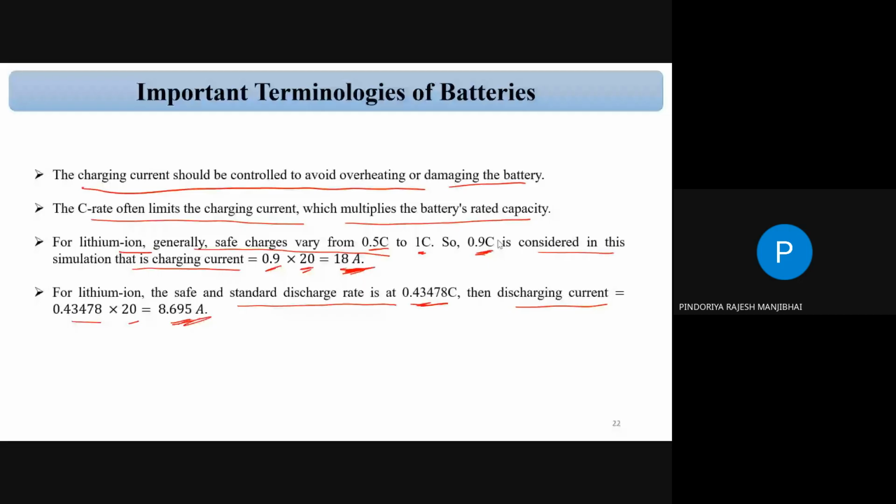They have to do this analysis multiple times. Then they will say it is 1C, 2C, 3C. It is not an easy process. It is a very complicated process to decide the C rate. And as a customer we cannot decide the C rate, because it is given by the manufacturer of the battery.